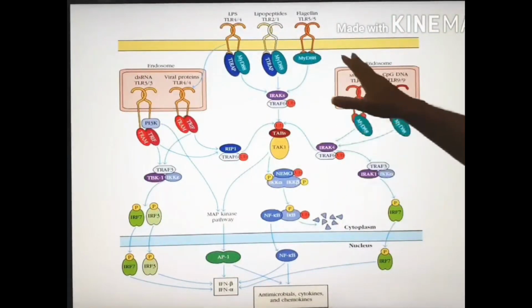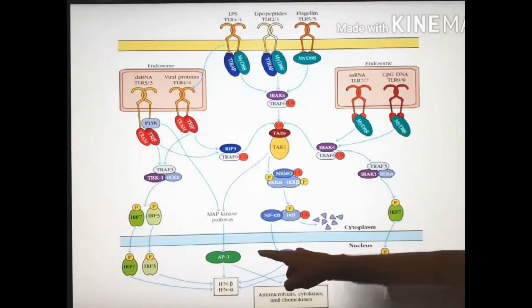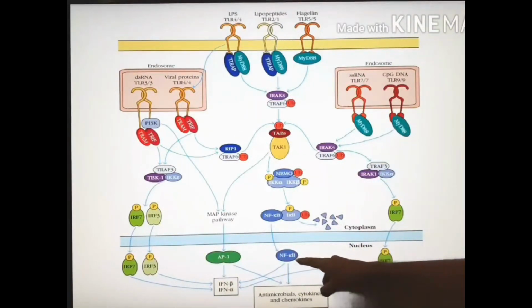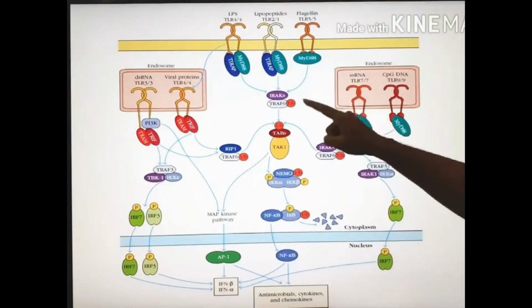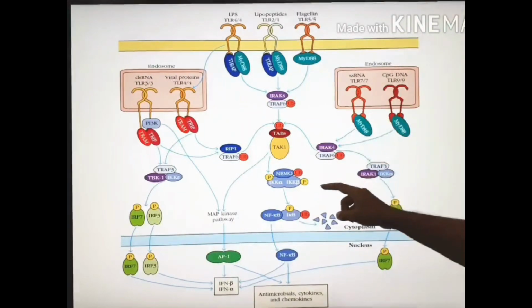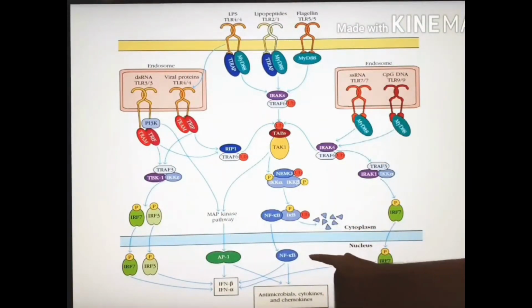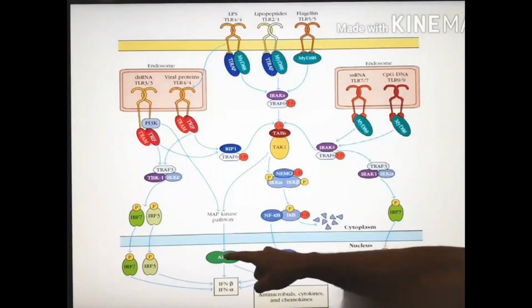You don't have to remember all the signaling molecules. Just look at the last molecules, which are transcription factors like NF-kappa B. When a toll-like receptor binds with PAMP and is activated, it actually produces NF-kappa B. Another important transcription factor is AP1, and the last two important transcription factors are IRF7 and IRF3.